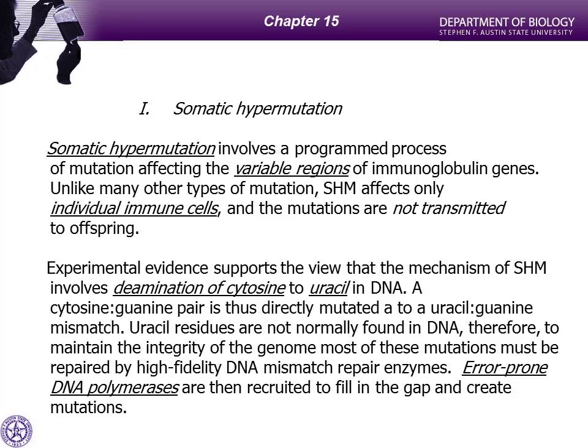So now as this cell is cloning itself, we have to replicate the DNA. Remember, that's going to be in the S phase of the cell cycle. And so as we replicate the DNA, we've got DNA polymerase. DNA polymerase reads the template strand and it assembles a new strand.